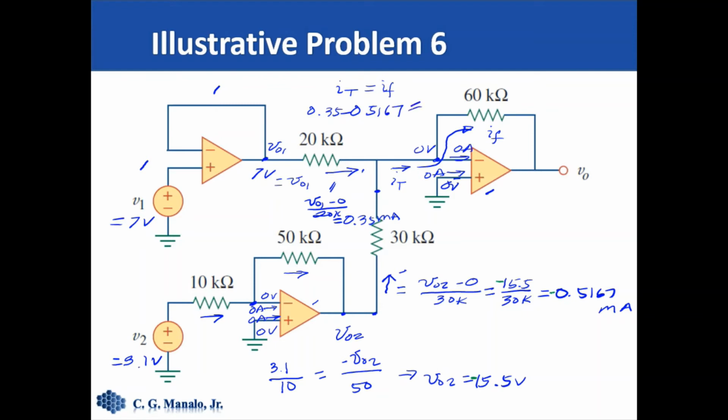And that equals I sub f, which is also 0 minus V naught divided by 60K, right? So therefore, I can compute for V naught, and that should give me 10 volts positive. Okay, so this is the final answer.